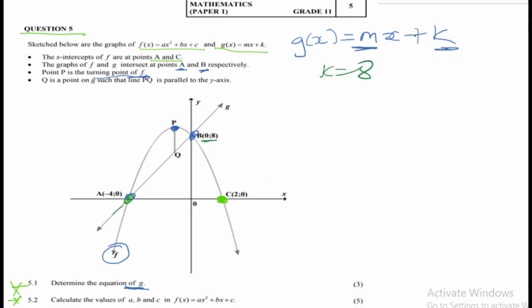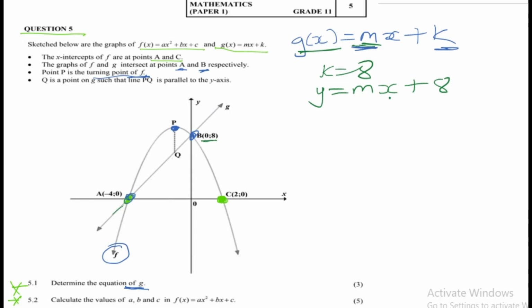So if I rewrite this function, y is the same as g of x is equal to mx plus 8. So now I need m, which is the gradient. In this case, I already know that the gradient must be positive because of the shape of this straight line graph.